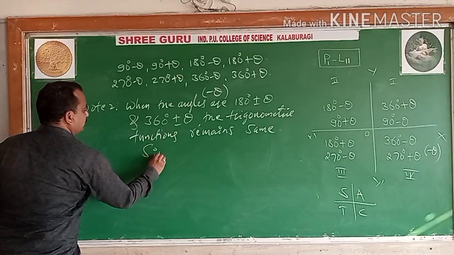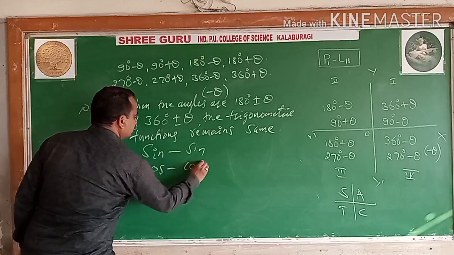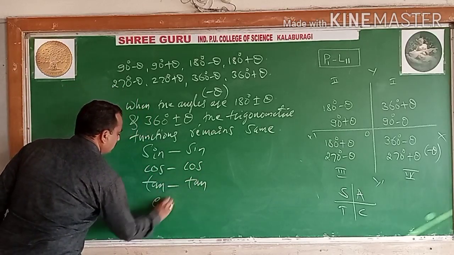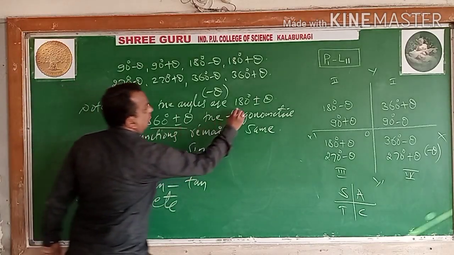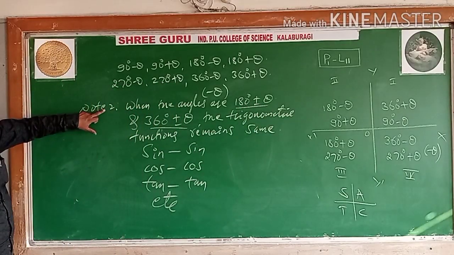What type of same? If it is sine, sine. If it is cos, cos. If it is tan, tan. If it is cot, cot, and so on. This is for 180 degree plus or minus theta and 360 degree plus or minus theta. This is point number 2.